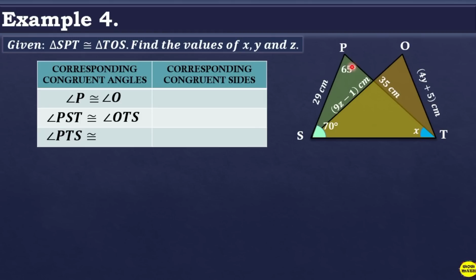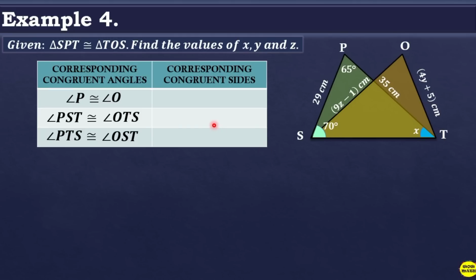So, ito lang po, PTS. Ito lang yung tinutukoy niyan. So, dito, OST naman. Okay? So, angle OST. So, ito yung sinasabi ko na kanina, PST, yung buo. So, OST. Kaya dapat 3 vertices ang gamitin natin. So, yung OST, ito lang yung tinutukoy na angle dyan.